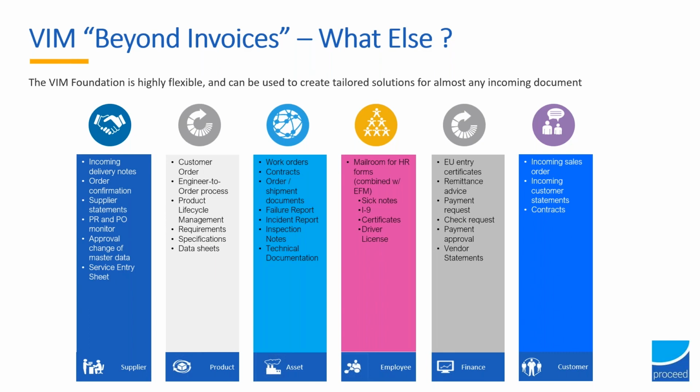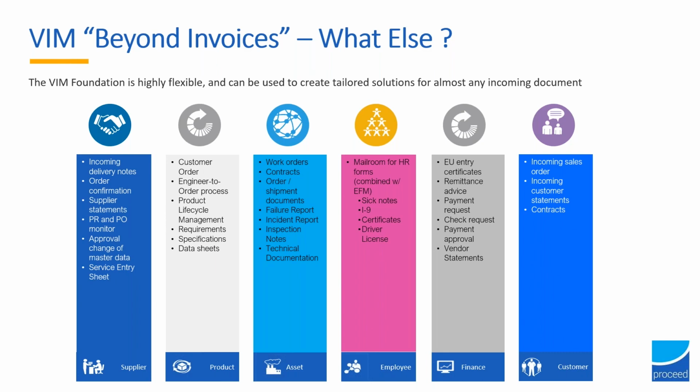You can see here we can handle anything that's coming in, such as approval of master data. So in a VIM scenario, if an invoice has come in and they're asking to be paid to a different bank account, then you might need to request them to submit an official change of master data form, to make sure that the invoice isn't fraudulent and someone hasn't submitted an invoice that looks very like a supplier's but with their own fraudulent bank details on.